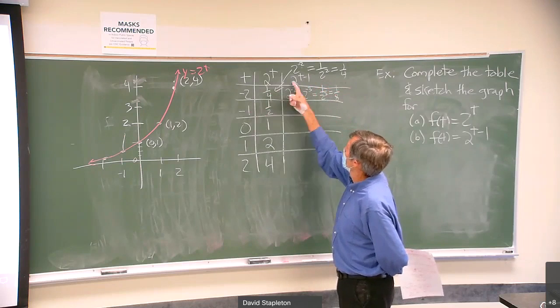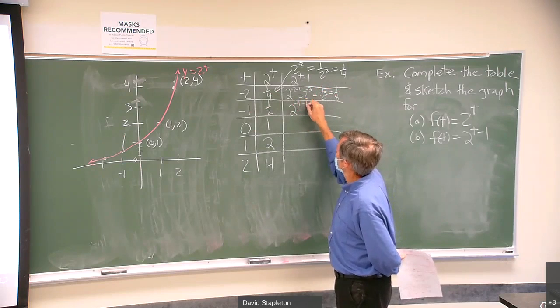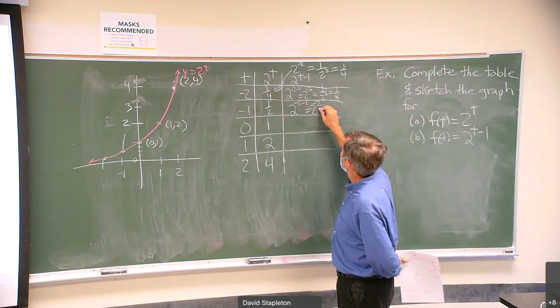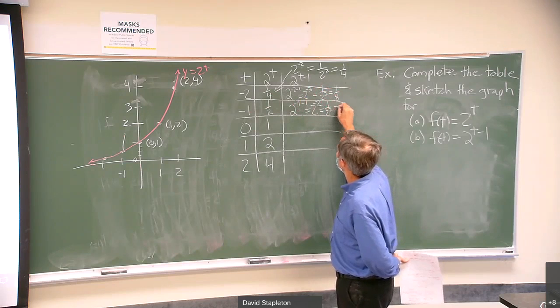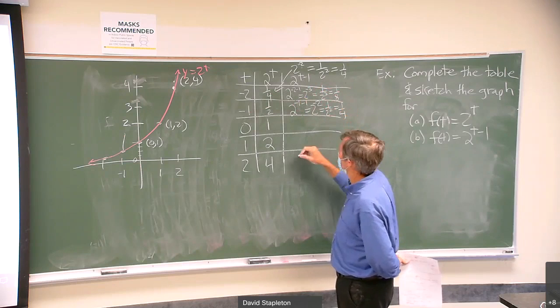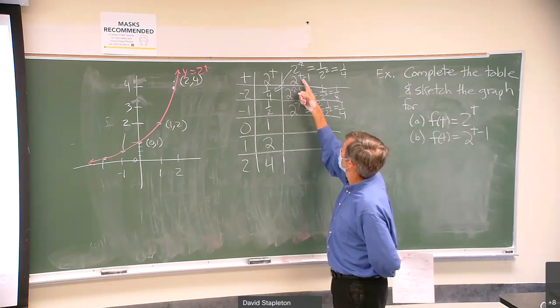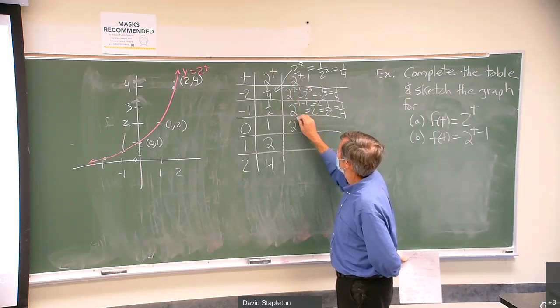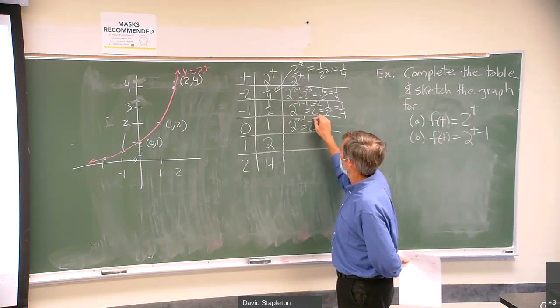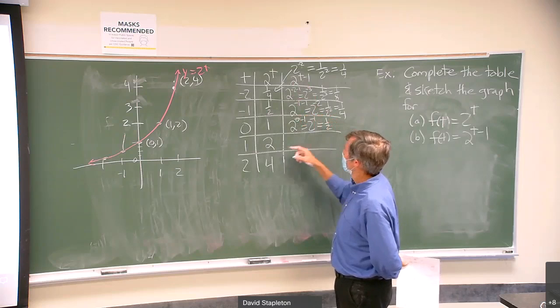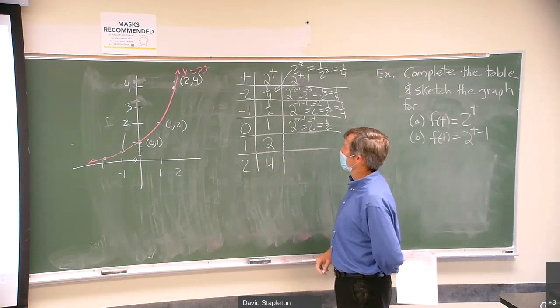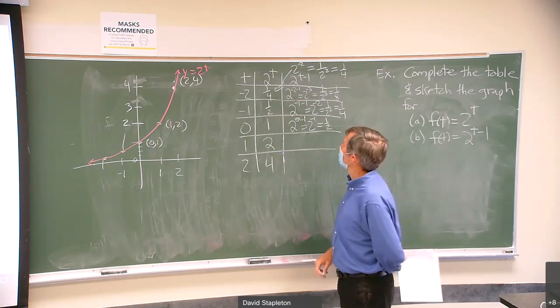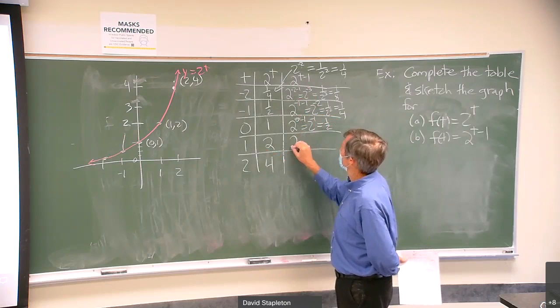If I put in -1, 2 to the -1 minus 1 is 2 to the -2, or 1/4, right? If I put in t equals 0, 2 to the 0 minus 1 is 2 to the -1, which is a half. I can fill out the table, but I actually already knew how to start it.